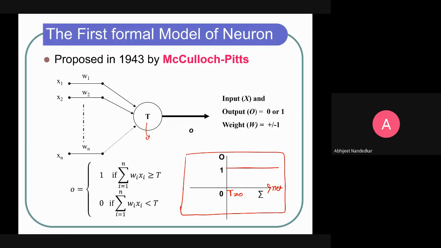It will produce 1, otherwise it will produce 0. So output here is 0 or 1. Inputs are zeros or ones. And weights in this particular neuron are always +1 or -1. Depending on your logic, you will decide these values.